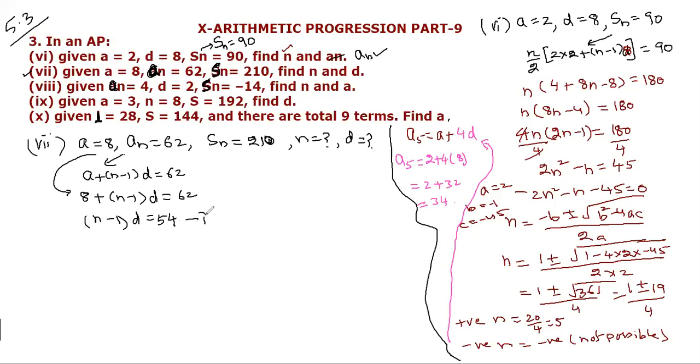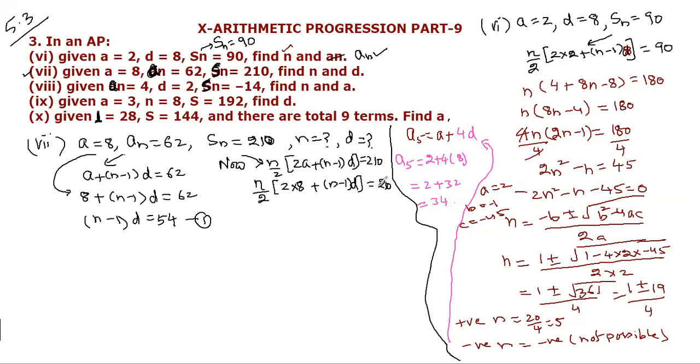This is our equation number 1. Okay. Now take this formula. So this is n by 2, 2a plus n minus 1 into d is equal to 210. Substituting the values, n by 2, 2 into a is 16 plus n minus 1, d we don't know, is equal to 210.